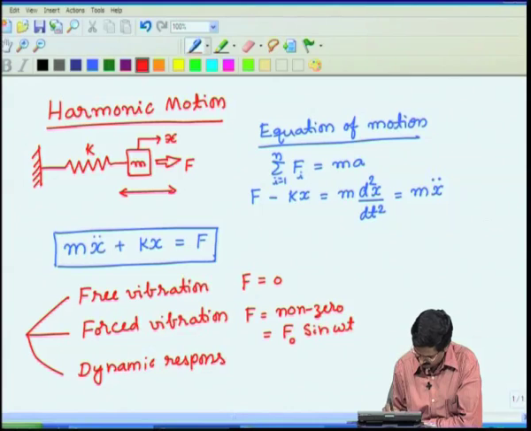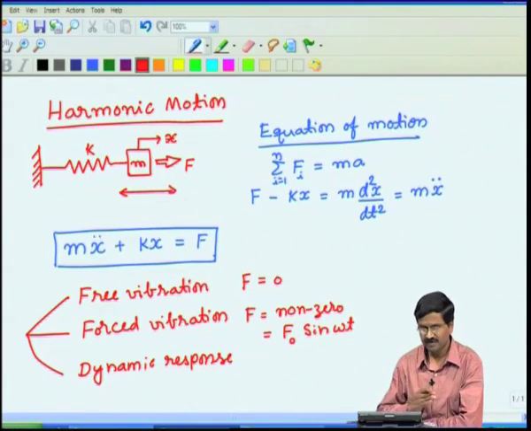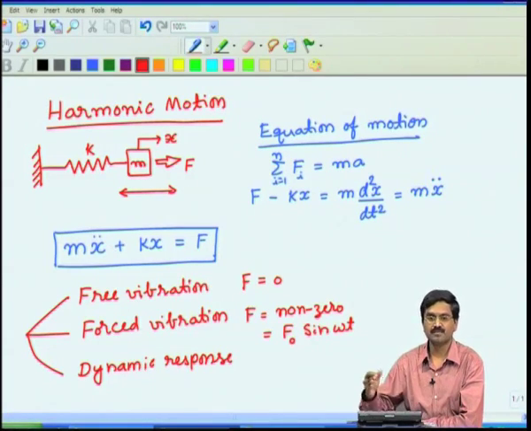It is not a vibration per se. If I have a block and a spring and I apply a large force, it will keep on going, and especially when k is equal to 0, the body would start moving. That is the dynamic response of the system.